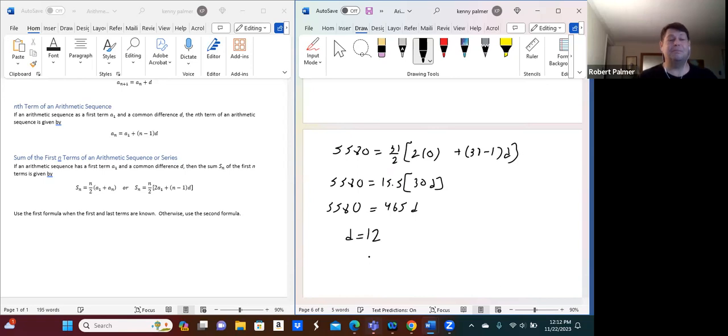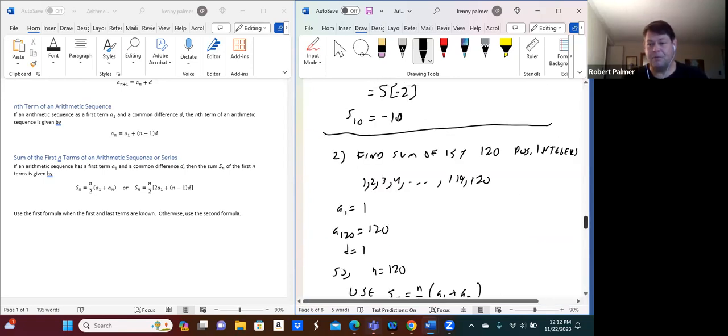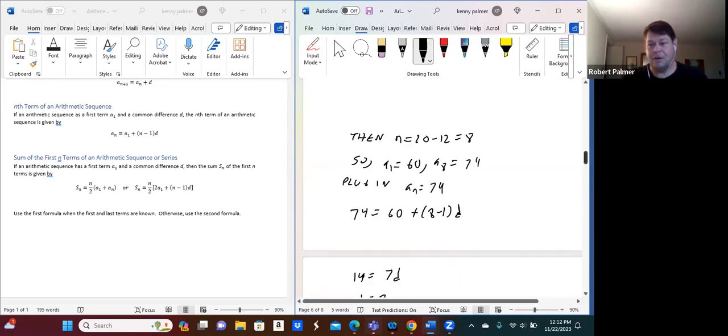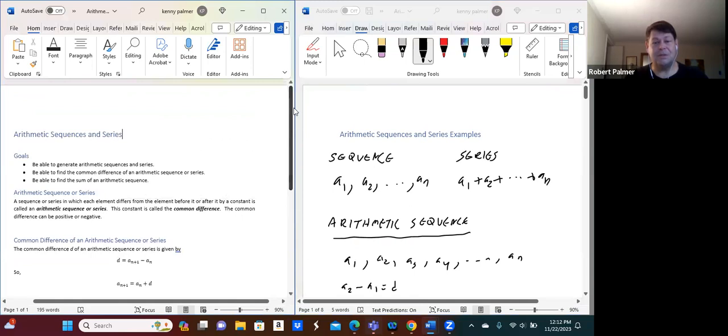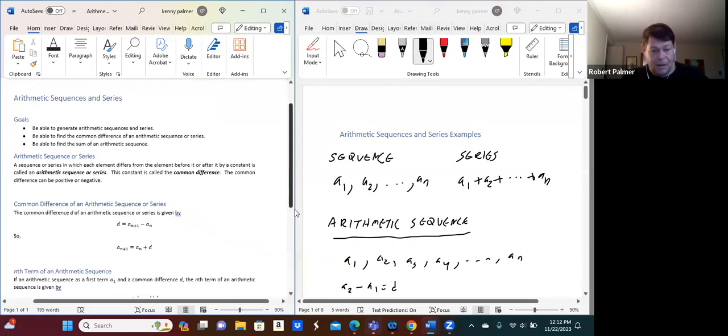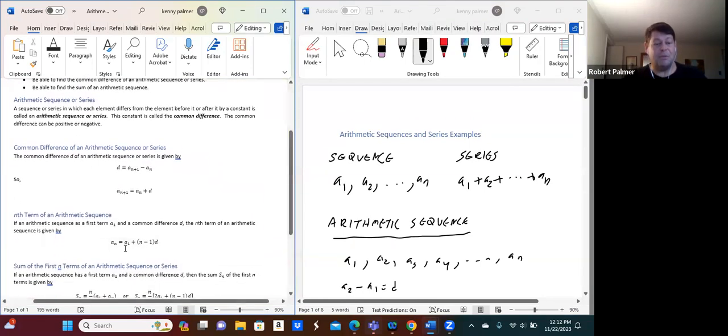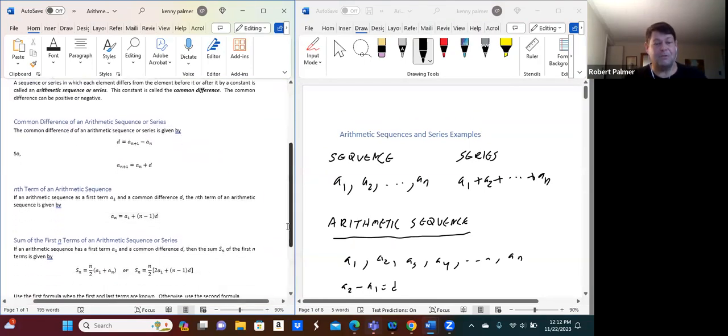Okay, good. All right. So what we've learned today, let's go back and review, is basically what an arithmetic sequence is. It's any kind of sequence where the difference between two consecutive numbers is always some constant number. It could be negative, positive, or a fraction, but it has to be a constant. And then we learned to find the nth term with this formula, and also, if we have enough information, the first term or the common difference d.